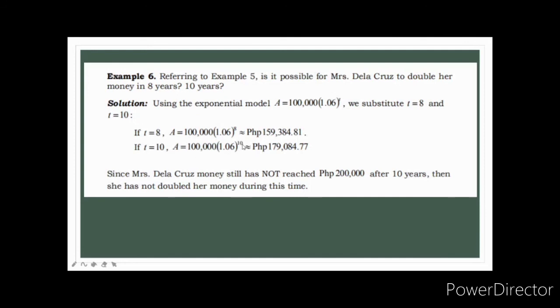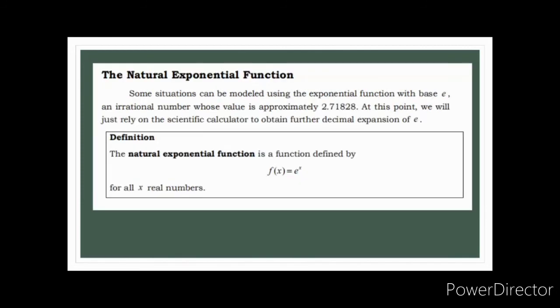More or less, that is equivalent to 179,084.77. Since Mrs. Dela Cruz's money still has not reached 200,000 after 10 years, she has not doubled her money during this time.